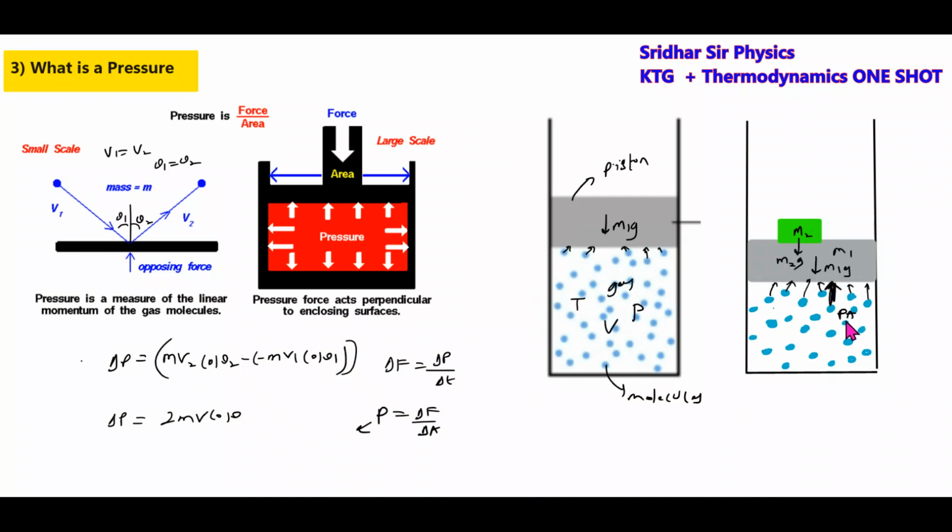Pressure force. P2A. Here P1A will balance M1G. Here P2A will balance (M2 plus M1)G. The molecules are only balancing the weight of the piston.